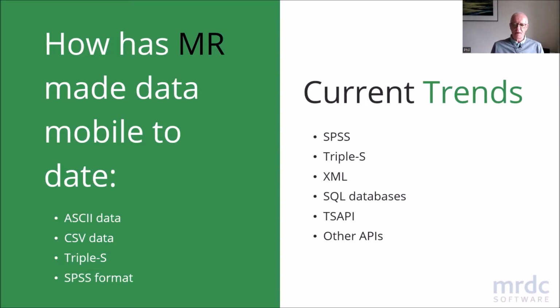SSS is still there, but I feel that it's starting to fade a little bit. XML is another way of moving data between your system and other systems. SQL databases, some online packages now have links so that you can have the credentials to log in and transfer certain data to databases.